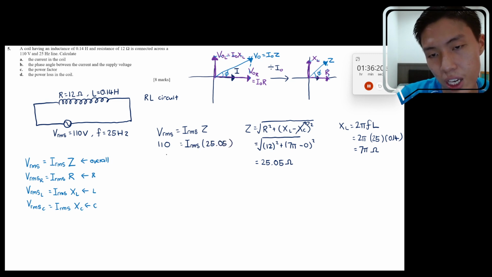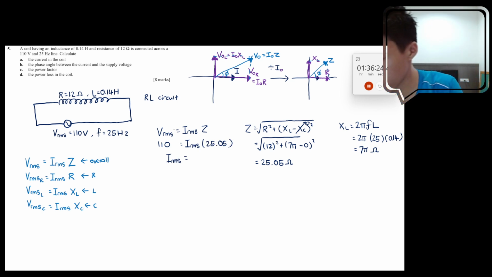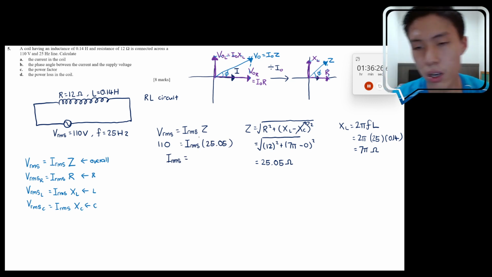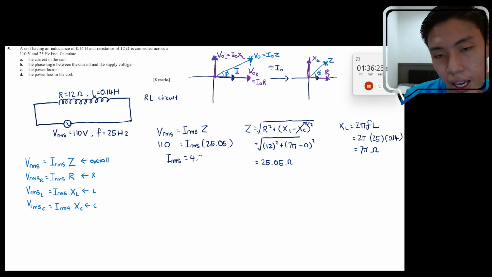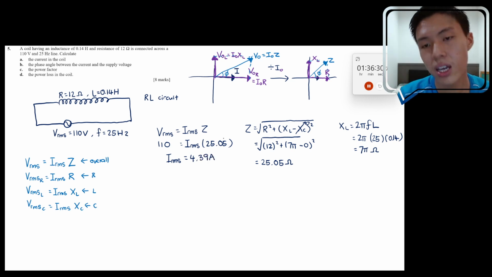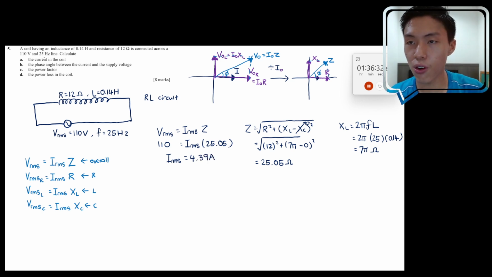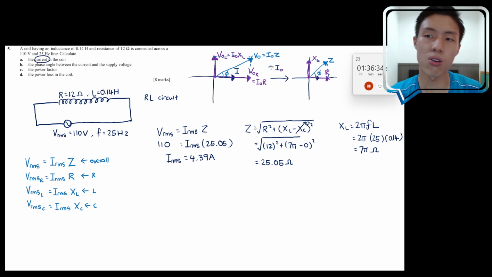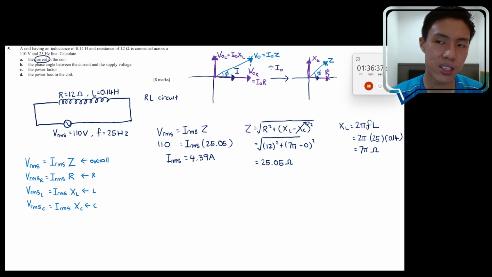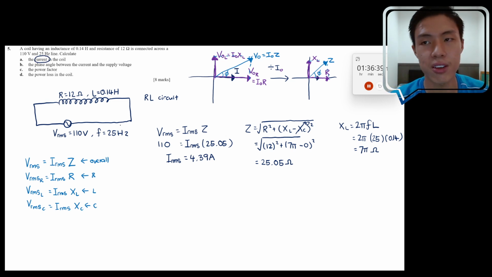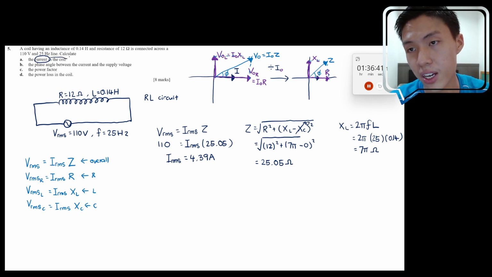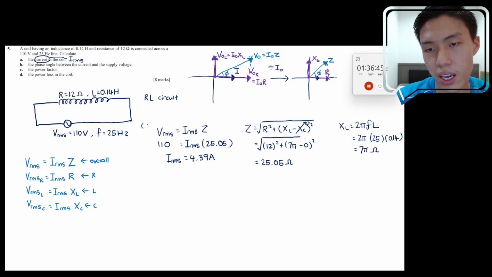So you are able to get your RMS current to be equals to 4.39 ampere. Whether they're asking for current, RMS current or peak current, if they don't specify, then this should be RMS current. So that's question A.